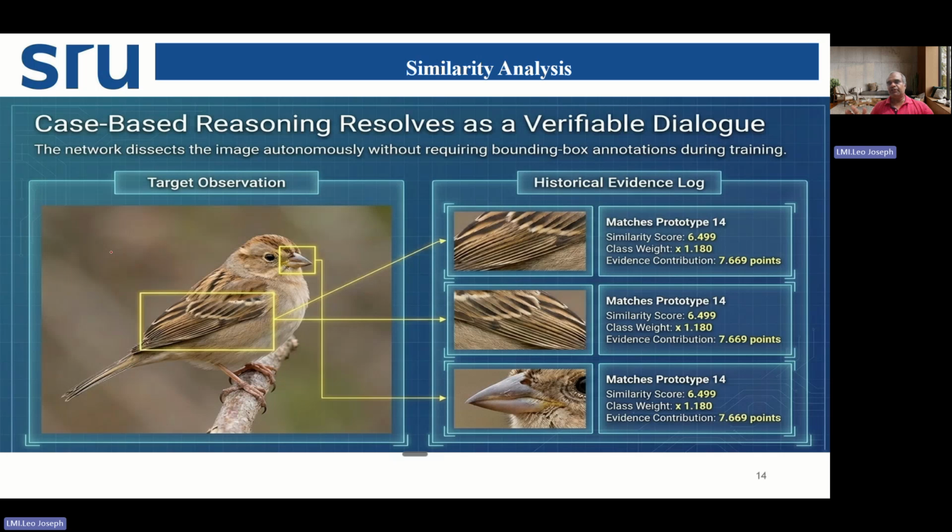Prototype 14 is nothing but the given input image matching with all these properties: beak size, wing size, tail size, color, everything it is matching. And based on the similarity score, which is the highest score, we can identify that this object will be like this.